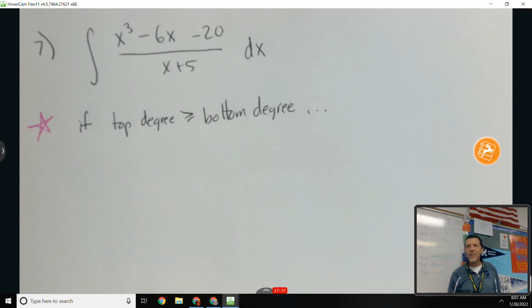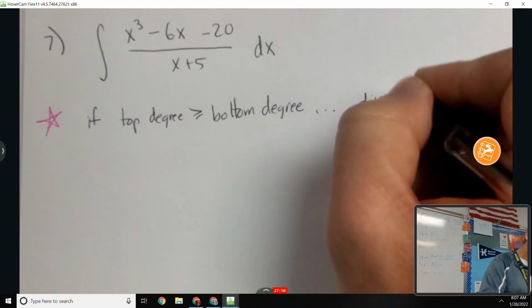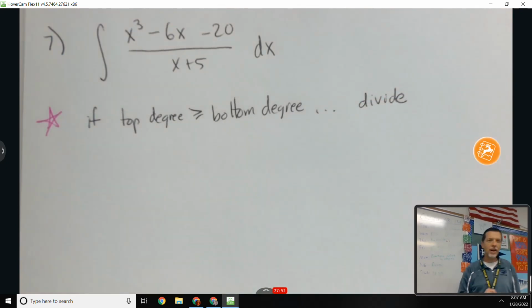That was for limits. Limits as x goes to infinity. So that's not what this is. But the top oh no is sort of what's going on here. If the top is bigger, then we get to divide. Like divide the top by the bottom. Algebra 2. We can do long division, but we could also do synthetic division.